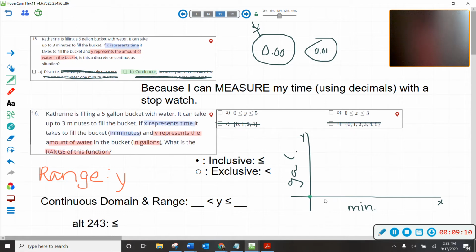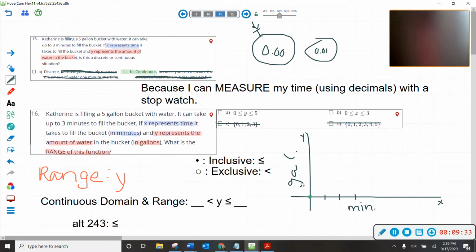Now, after 3 minutes, so that's going to be 1, 2, 3 minutes. It says that it takes up to 3 minutes to fill up the actual bucket.